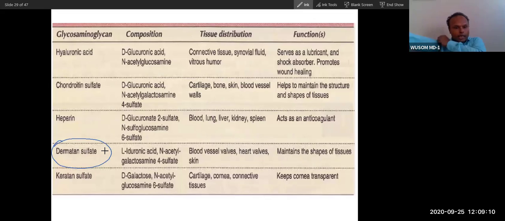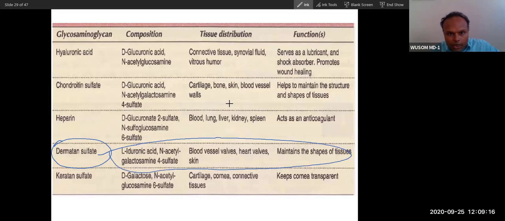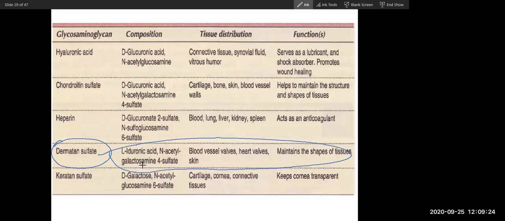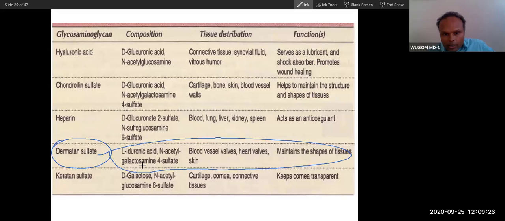Let's talk about where dermatan sulfate is present. You need to memorize only this. If I tell you to memorize everything, you will memorize nothing, so better to focus on one. Dermatan sulfate, as the name suggests, is present in skin, in blood vessels, heart valves, and also in the cornea.